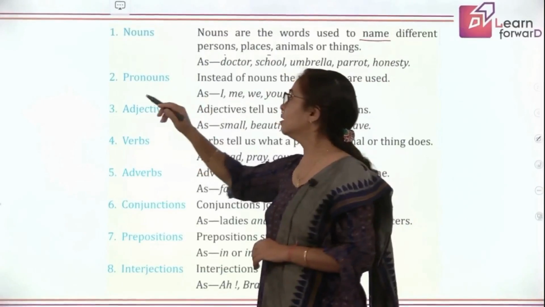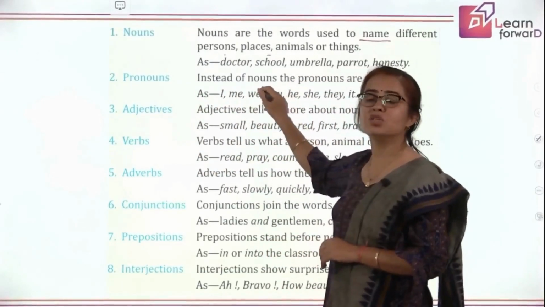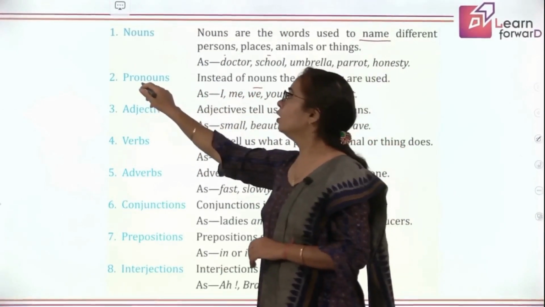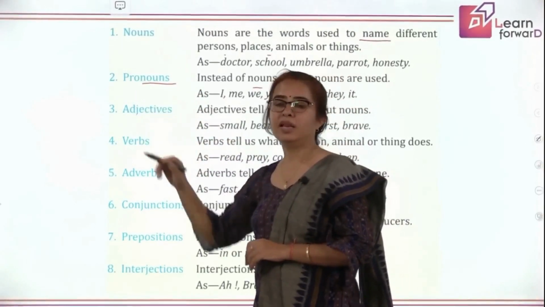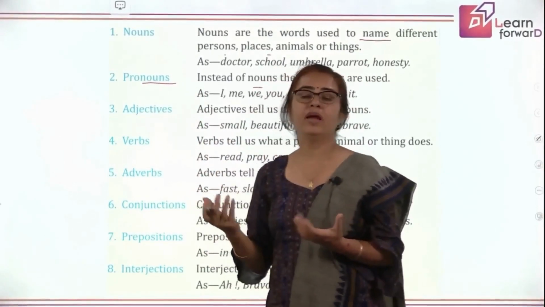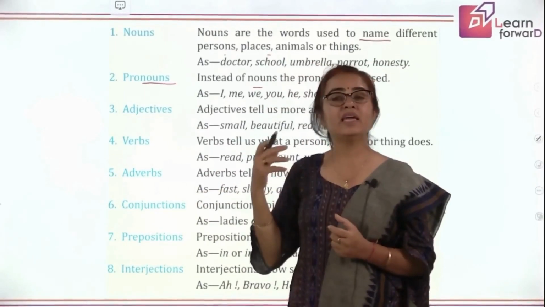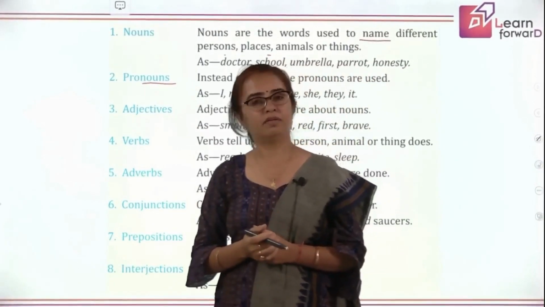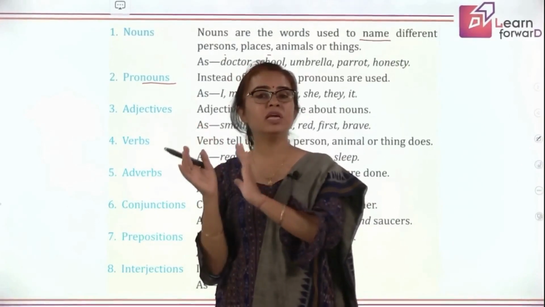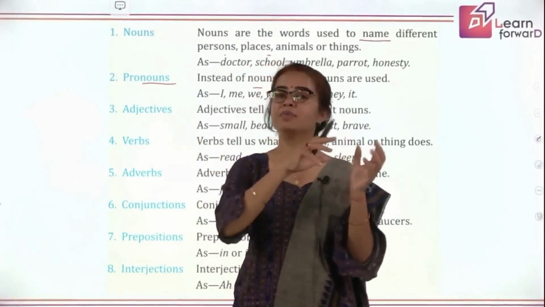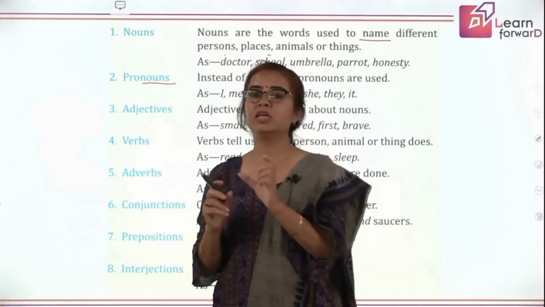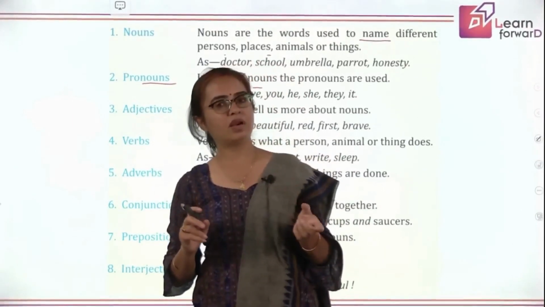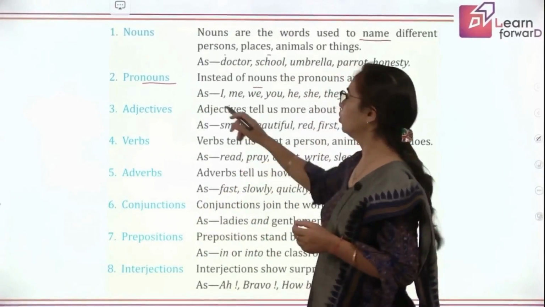Pronouns are the words that are used in place of nouns. Like if I say Ram is a good boy, I'll say he is waiting for me, right? So I am using he for Ram. Ram is a good boy. Ram is waiting for me. So here I am using he in place of Ram. So that is a pronoun.